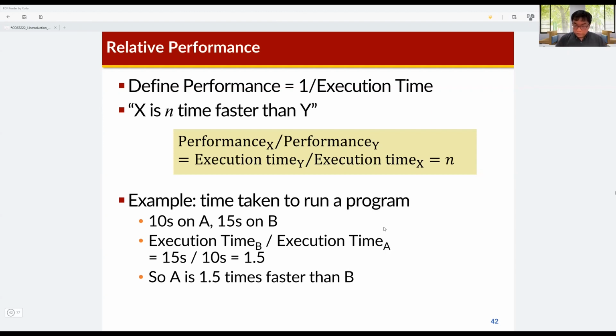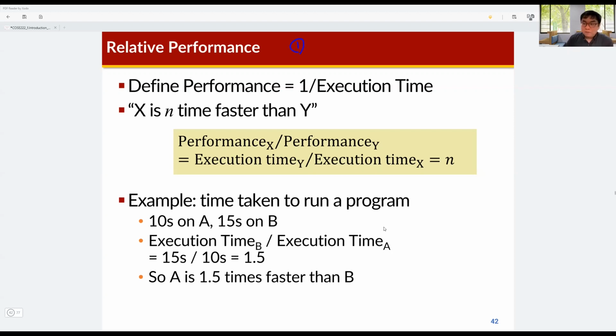So we frequently mention the execution time or speed of the computer systems for comparing the performance of two different computer systems. So we will focus on the response time of the computer system. First, we need to define what the performance of a computer system is.